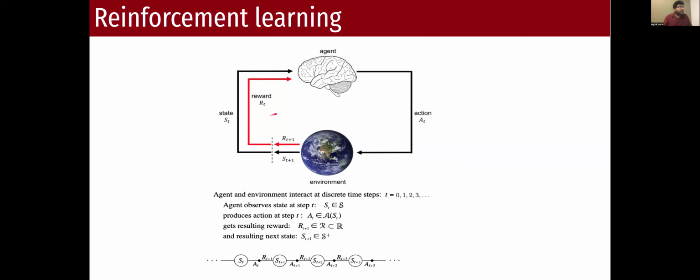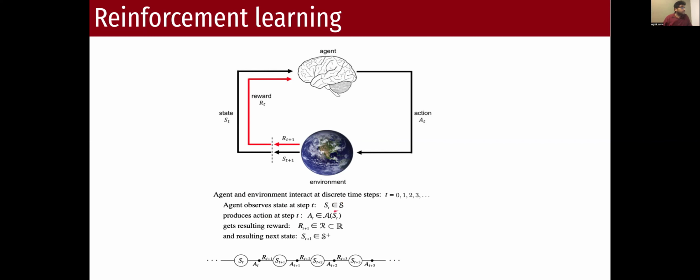Initially we have a state and a reward. By taking this state and reward, the agent takes an action, and then it goes to a new state and gets a new reward. The agent and environment interact at discrete time steps, where t denotes the time step. The agent observes the state at step t, where s_t belongs to S, the set of states.